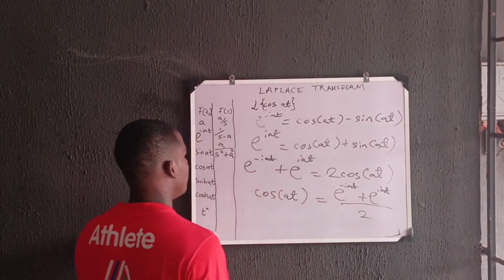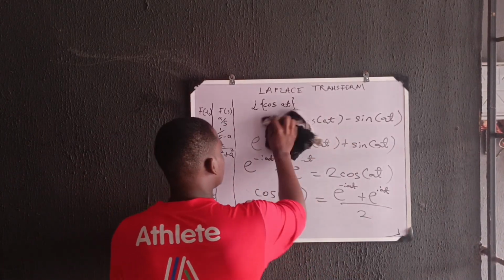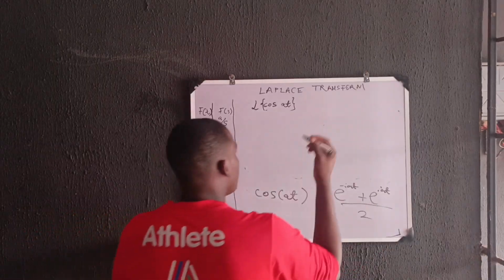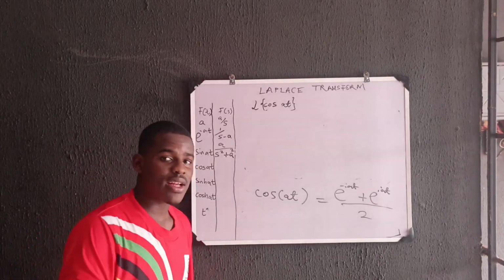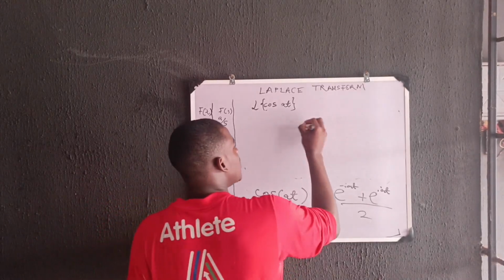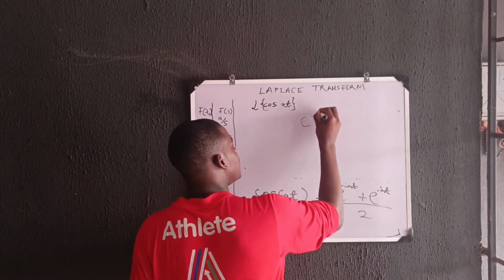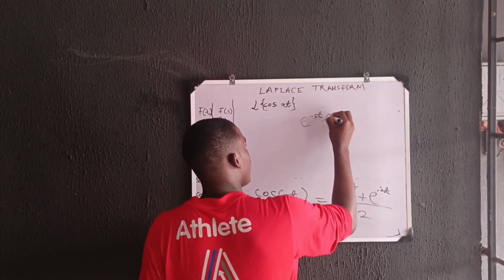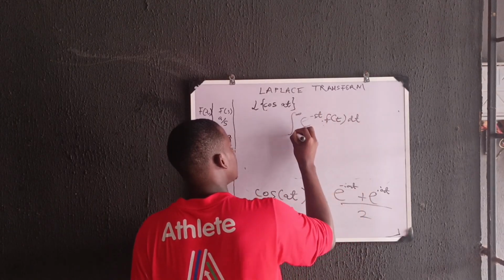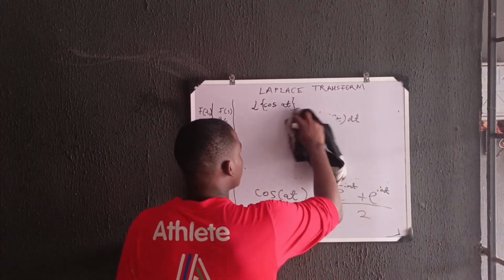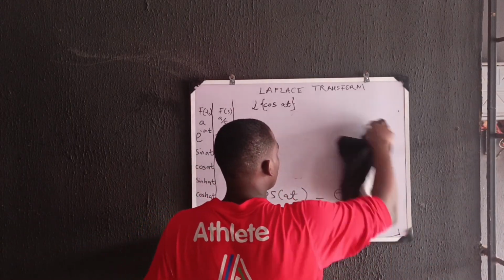Let's move forward with the derivation. So now remember that the Laplace transform of anything is basically e to the negative st dot f of t dt, integral from 0 to infinity. So what is it going to be in this case?